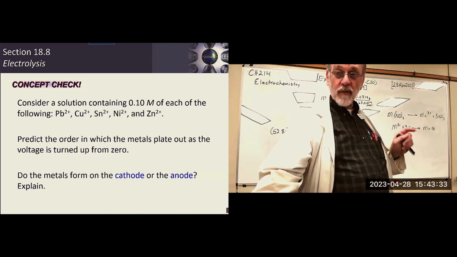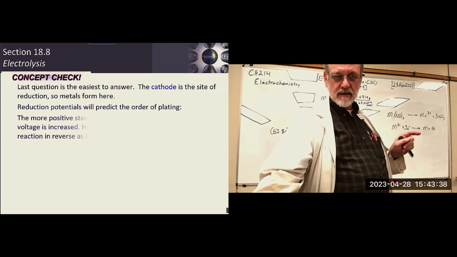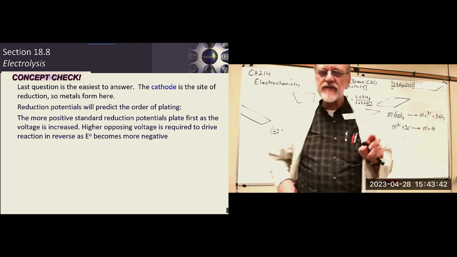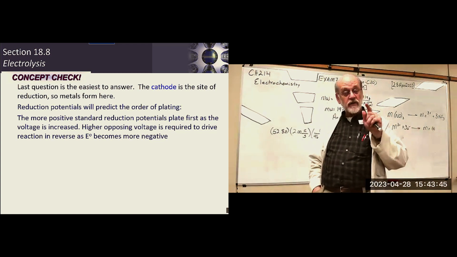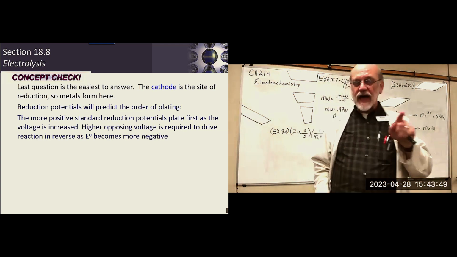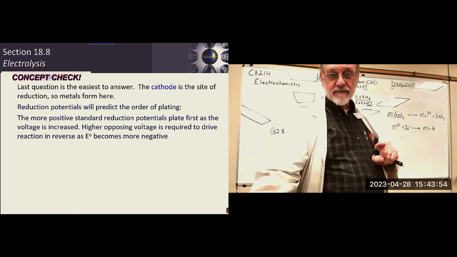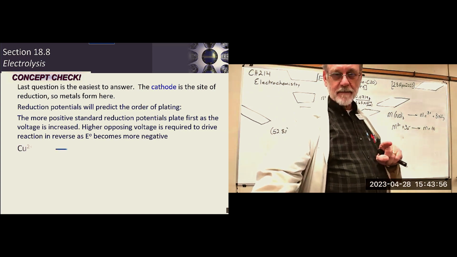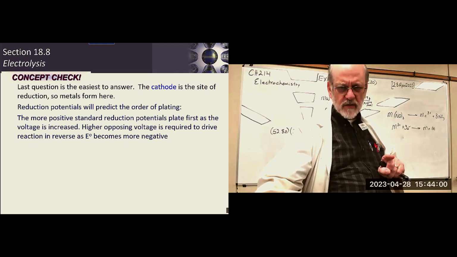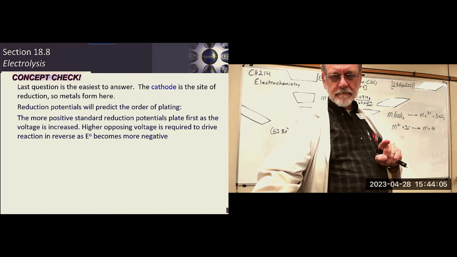So the metals are going to form on the cathode. The more positive the standard reduction potential, because that's what we're doing, we're reducing these ions into the metal, the higher the positive value, those are the ones that are going to come out first. The more positive the standard reduction potential, right, as the voltage is increased.